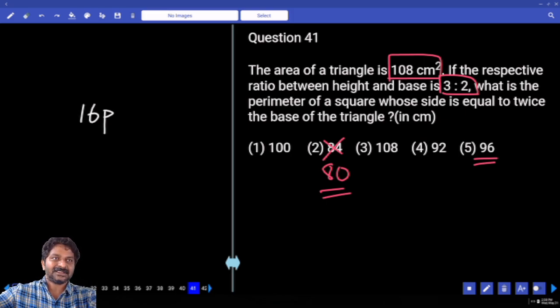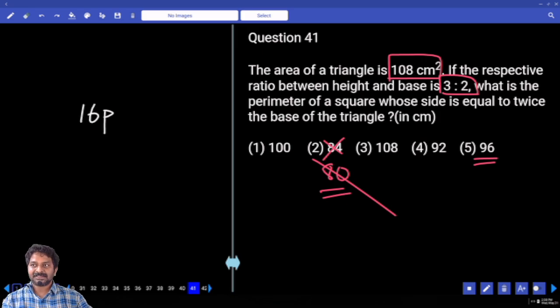That means on the left hand side there is only one 3 multiple, right? But on the right hand side the value is 108, which is a 9 multiple. That means you can cancel only one 3 multiple, but another 3 multiple is also there. That means P value should be a 3 multiple. Come on. When 3 is a 3 multiple, P is a 3 multiple, the answer also should be a 3 multiple. So 80 cannot be your answer.